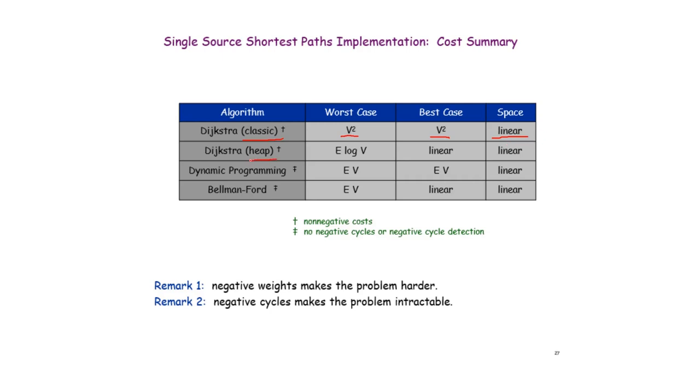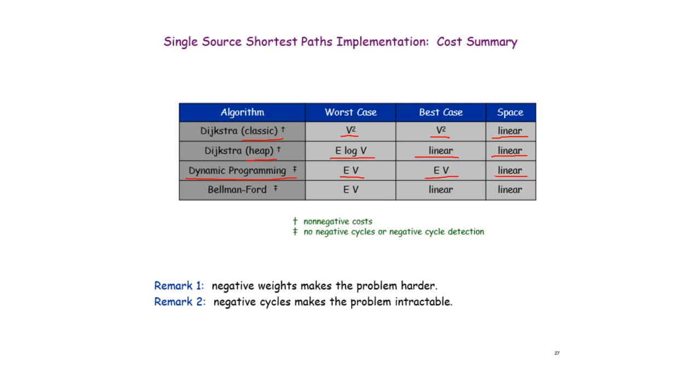If we use a binary heap, we get some optimization. In that case, the time complexity is E log V, the best case is linear, and the space is still linear. If we use just dynamic programming, where we can use negative weights, then the worst case is E multiplied by V, and the best case is also E multiplied by V, with linear space complexity.